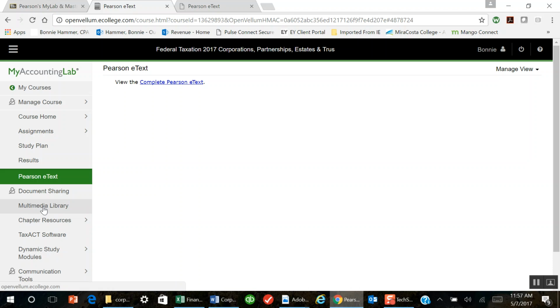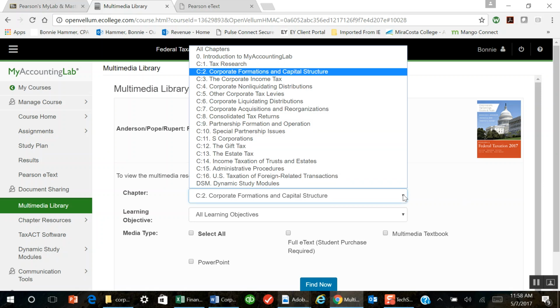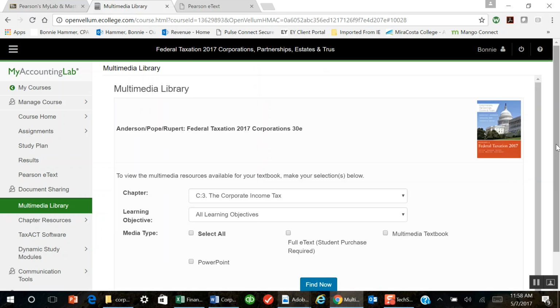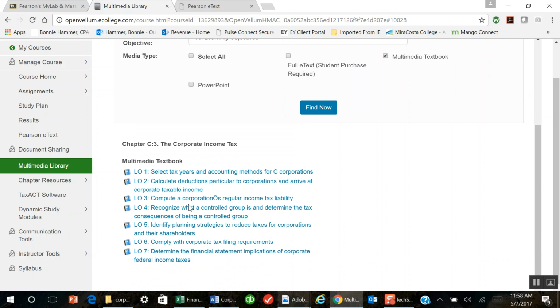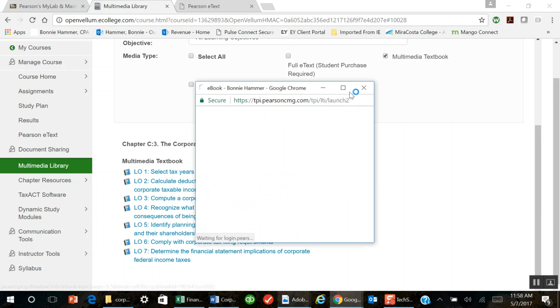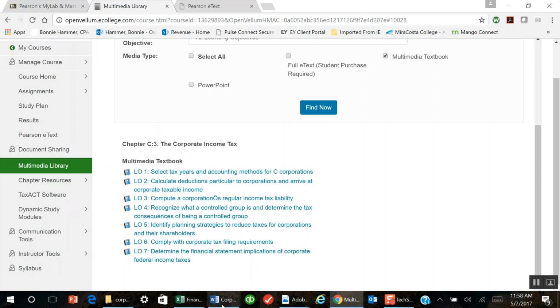Okay. This happened to me the other day too. I don't know why. I'll try one more way, actually. Okay. Calculate deductions, particular. Yeah, I think this is where I'm gonna. Oh, it's telling me I need Flash Player. I don't know why. All right.